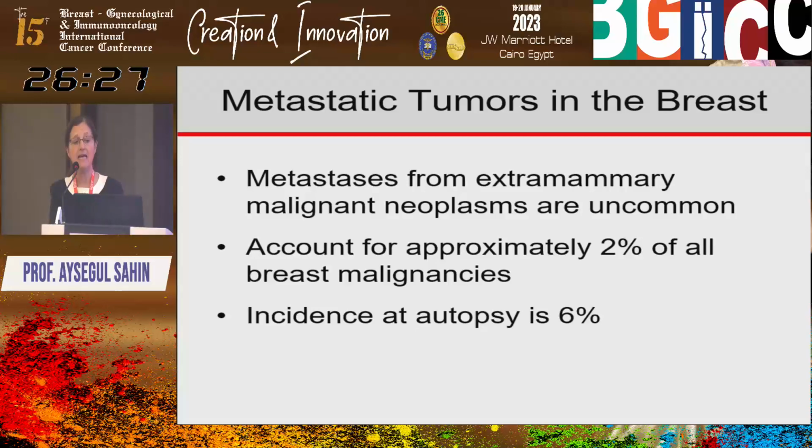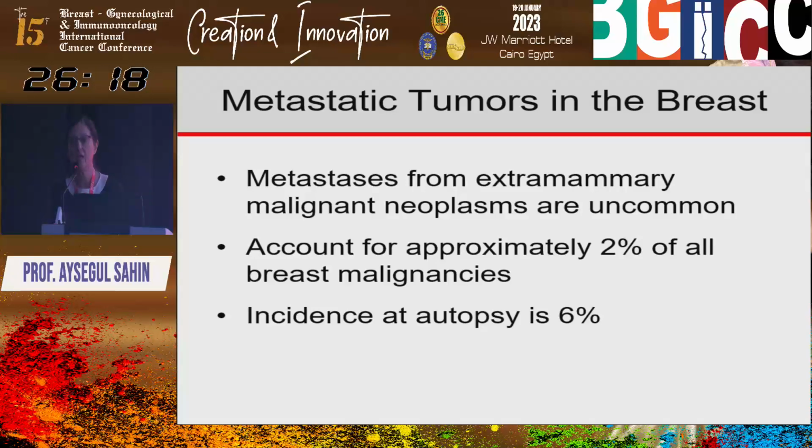So as I said, these are rare. When you look at the big cohorts, it is less than 5% of all breast malignancies. If you look at the autopsy incidence, again, in the United States we don't have extensive autopsy series anymore, but it is definitely less than 10%.